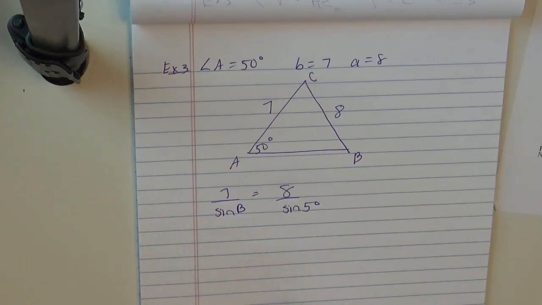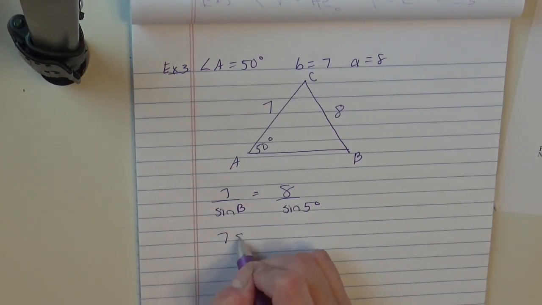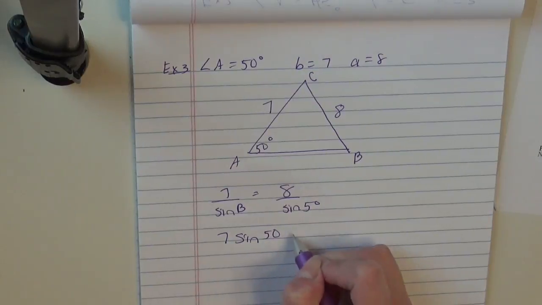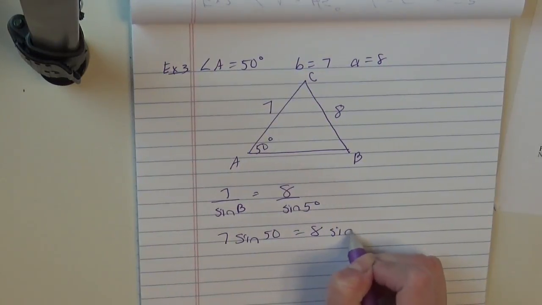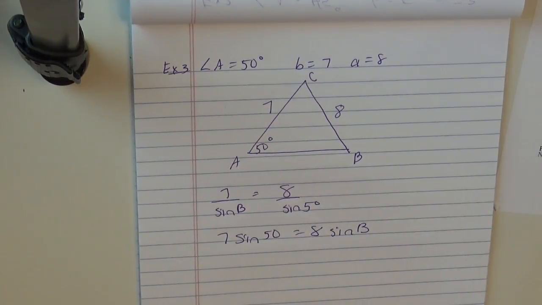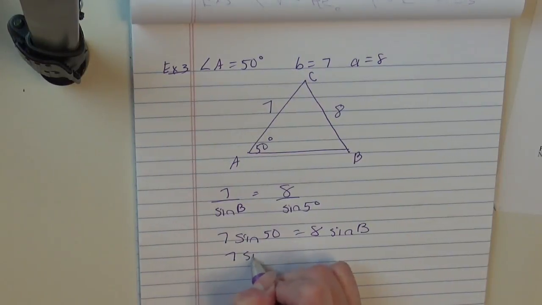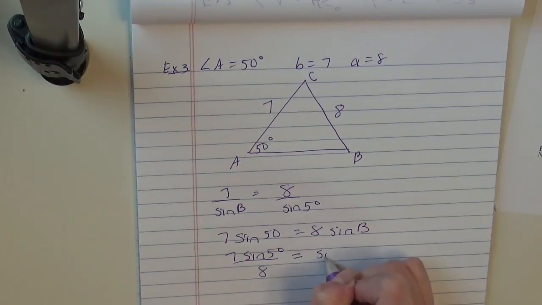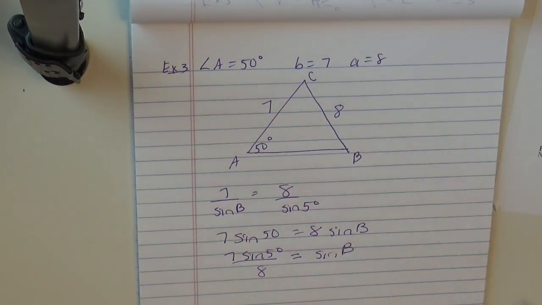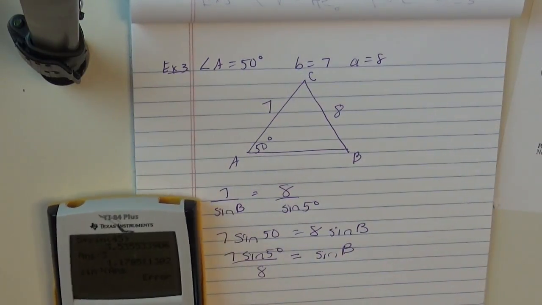And we're going to cross multiply. So 7 times sine 50 equals 8 times sine B. Divide both sides by 8. Okay, and then we'll do the inverse. So I'm going to type it in first.